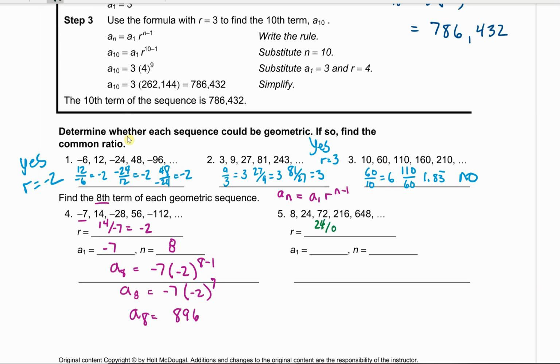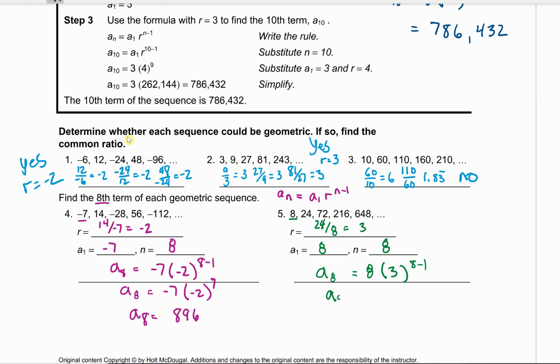24 divided by 8 is 3, right? Yeah, 3. A1 is 8. N is 8. So a sub 8 is going to be 8 times 3 to the 8 minus 1.